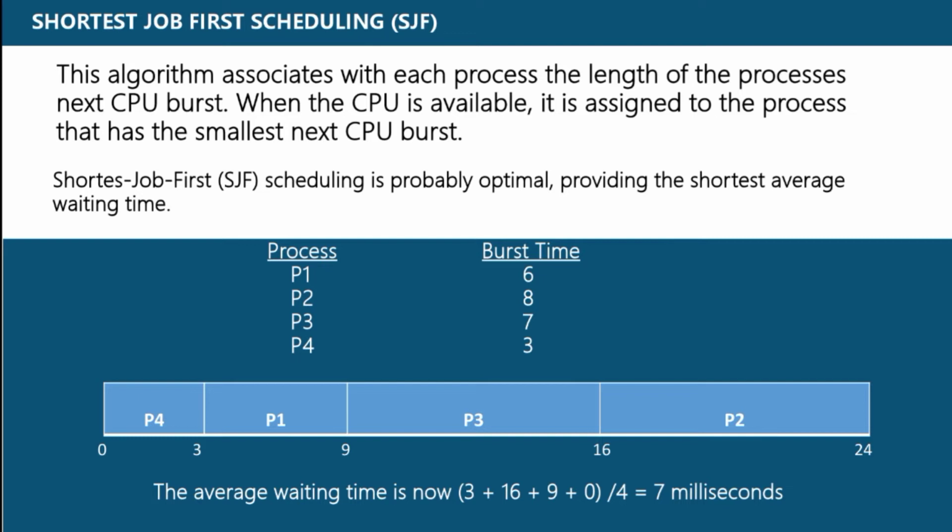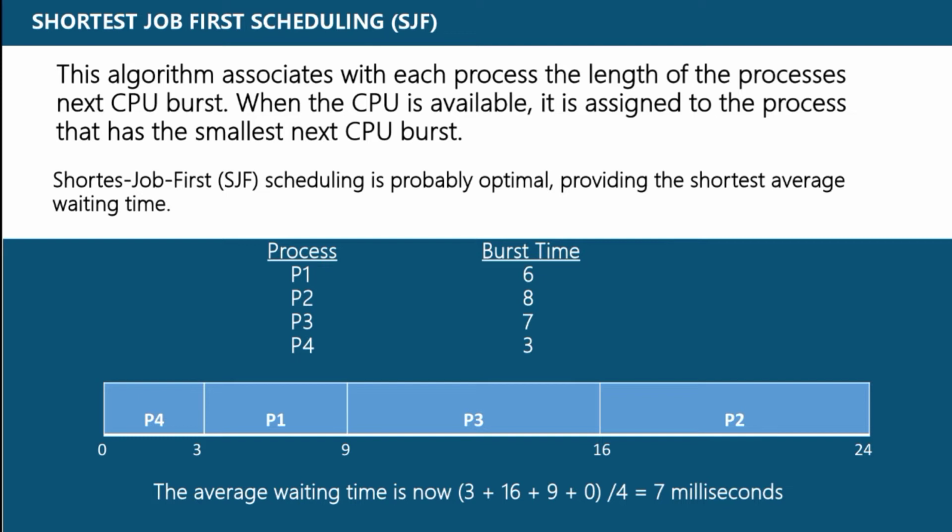P1 is the next process after P4 since it has only 6 burst time. Next is P3 since it has 7 burst time, next to P1, and P2 is the last process, with an 8 burst time.